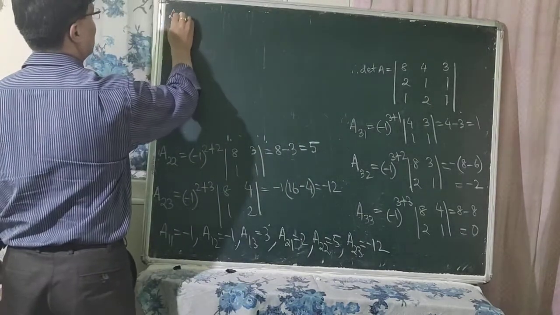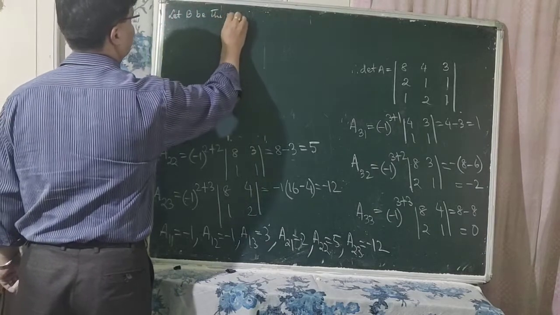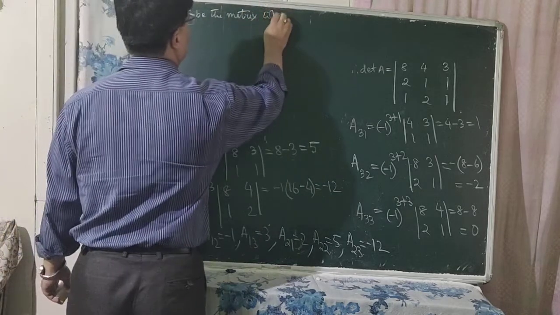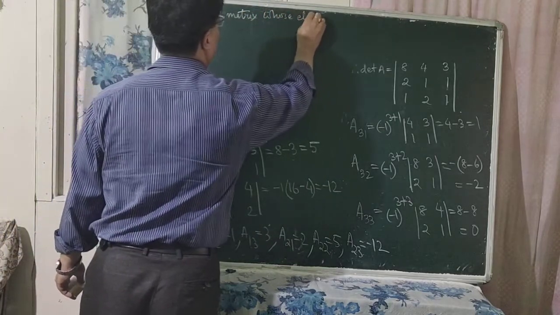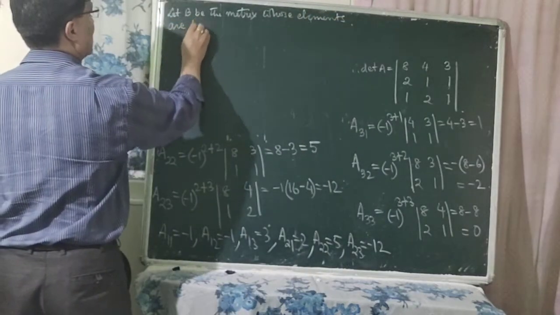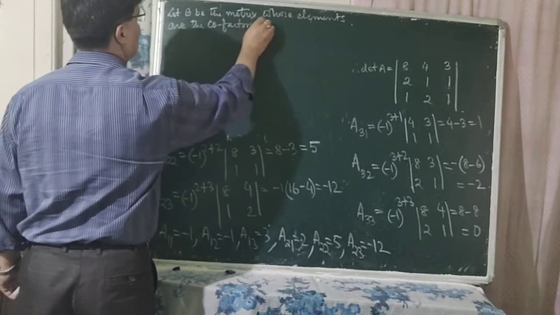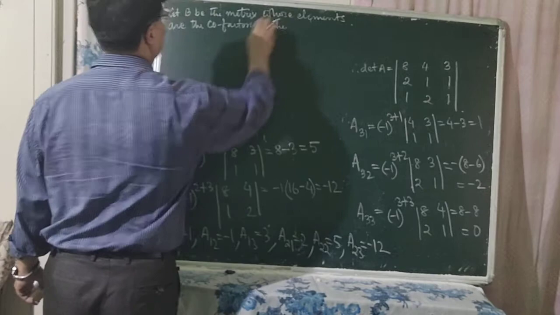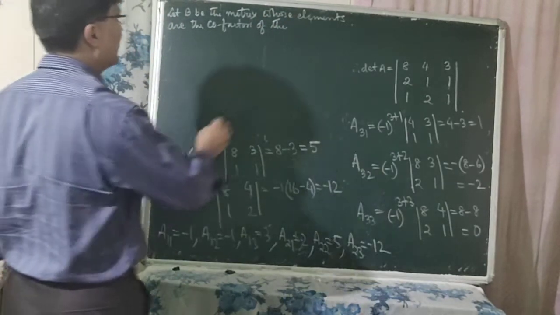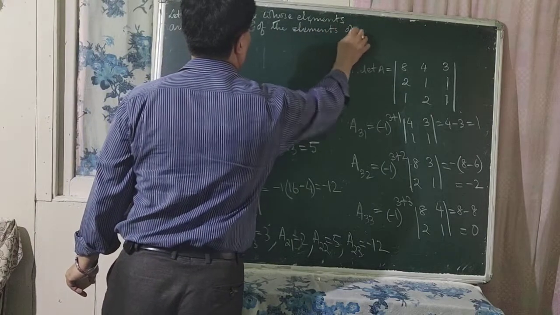Let capital B be the matrix whose elements are the cofactors of the elements of matrix A.